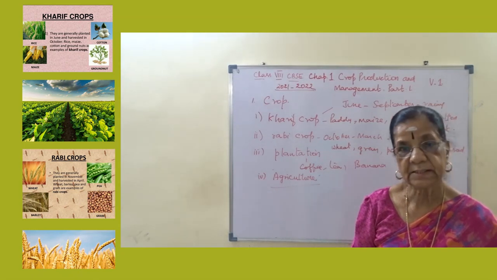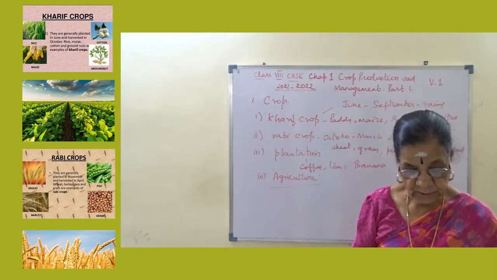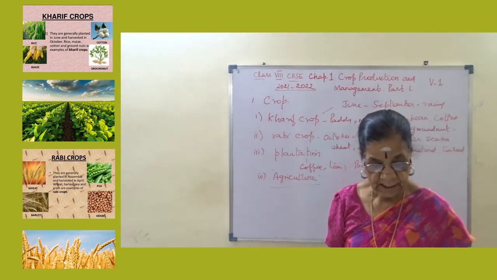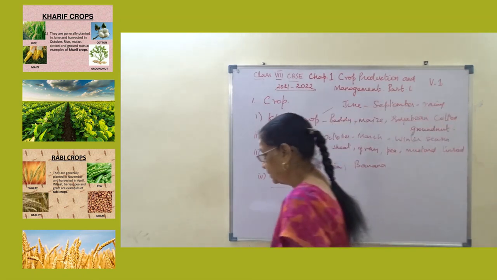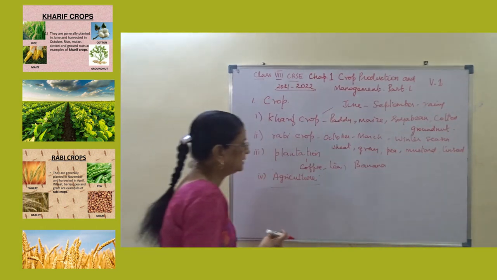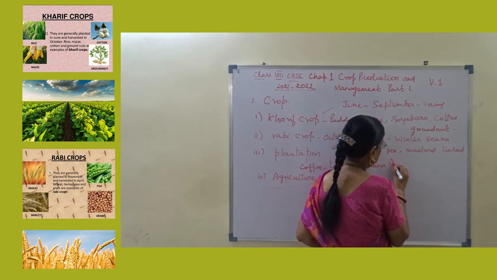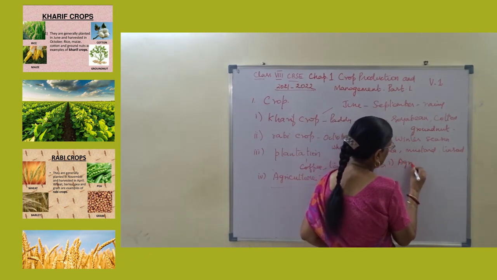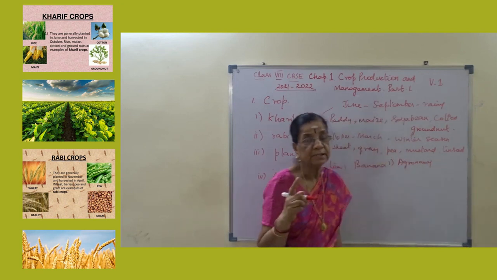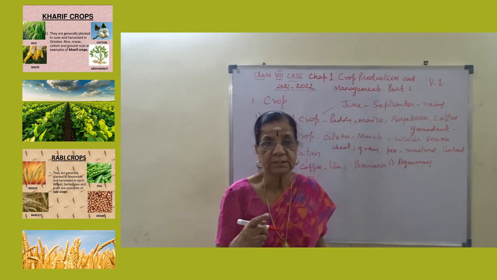This is agriculture. It is further divided into many types, such as agronomy. This is in our booklet, so I may ask it as a short answer. So you should note down all this, right?